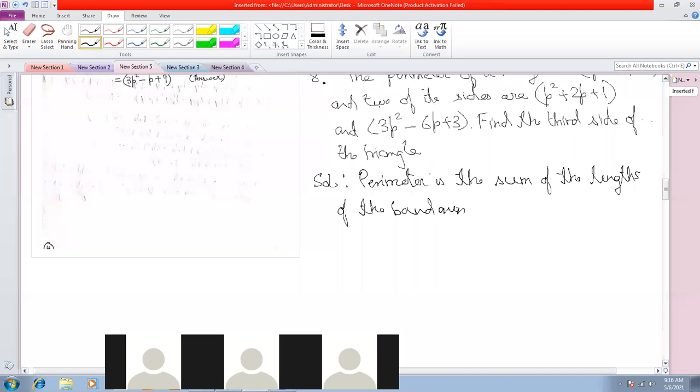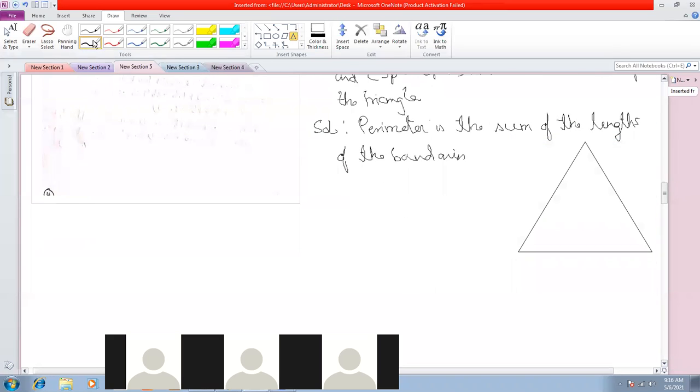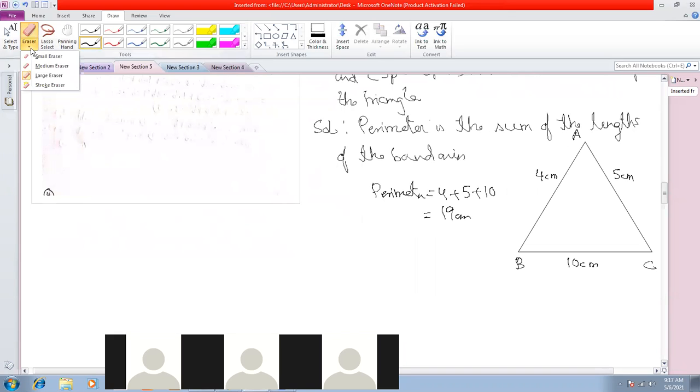Perimeter is the sum of the lengths of the boundaries. Understood? For example, suppose this triangle is ABC, and the sides are 4 centimeters, 5 centimeters, and 10 centimeters. Then the perimeter will be 4 plus 5 plus 10, which is equal to 19 centimeters. You all know this, right? So perimeter is nothing but the sum of the boundaries.